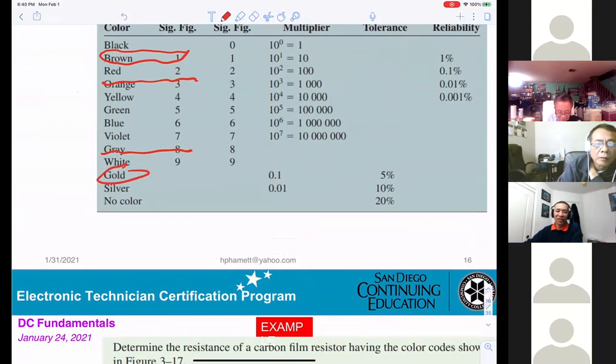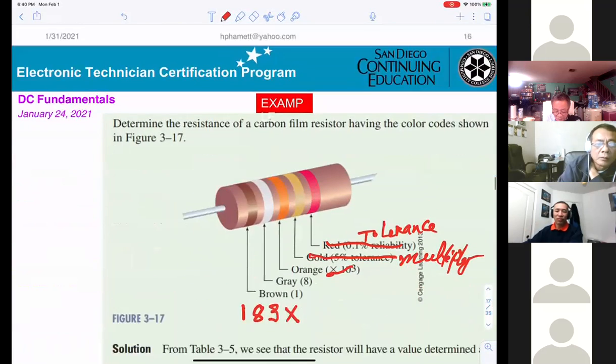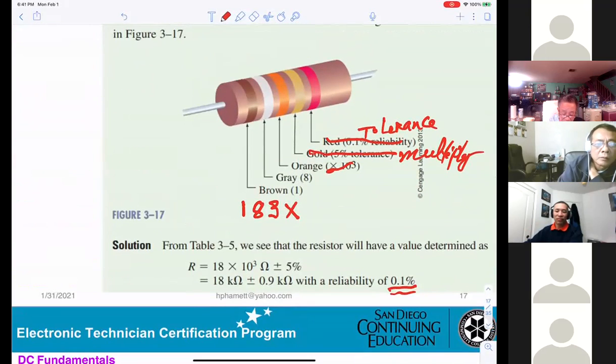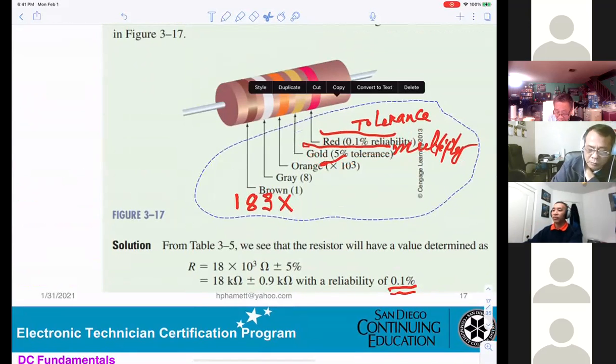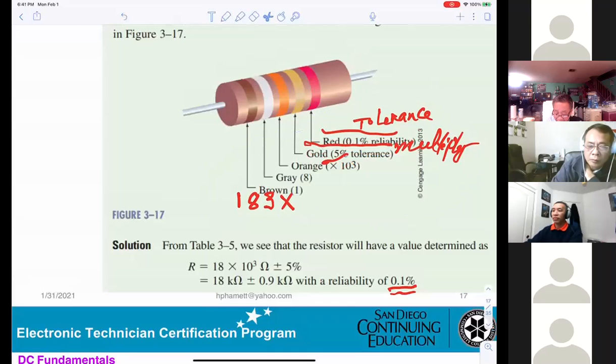For my one, it should be 0.1. This should be enough. Okay, I will correct this. This looks like inside the book, the new one.